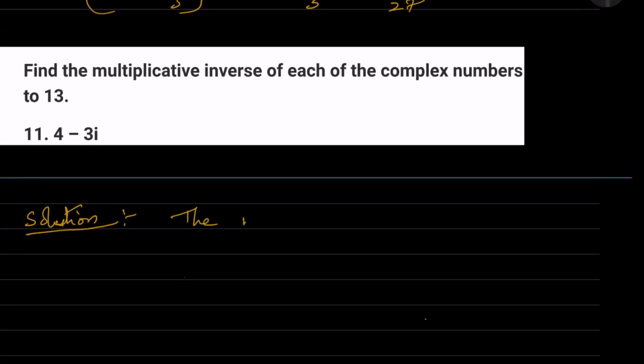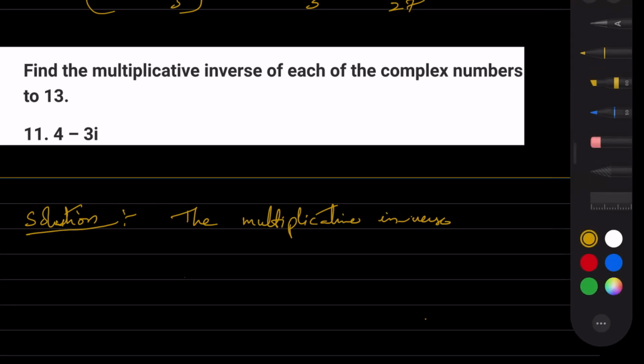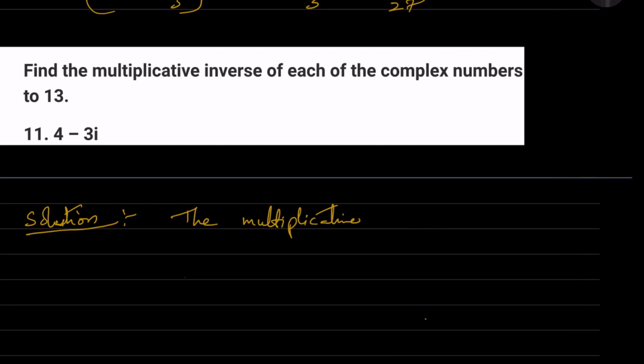So the multiplicative inverse of 4 minus 3i is 1/(4 minus 3i). Now we have to rationalize this 1/(4 minus 3i).